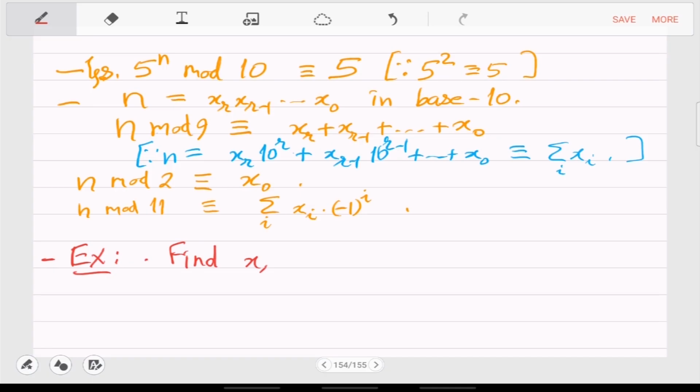So now using this, you can find integer solutions of linear systems like this. So suppose you have to find integers x and y such that 25x plus 31y is 6. Can you use modular arithmetic to solve this? You want to find all the solutions for this.